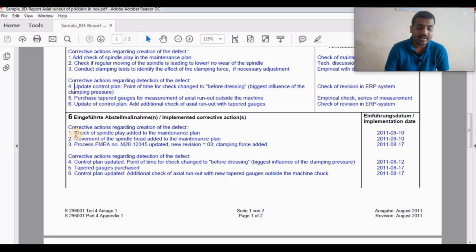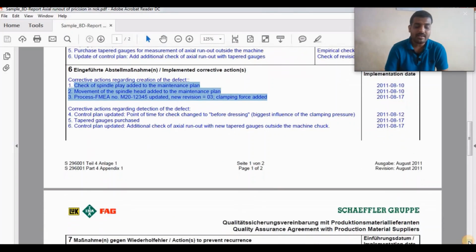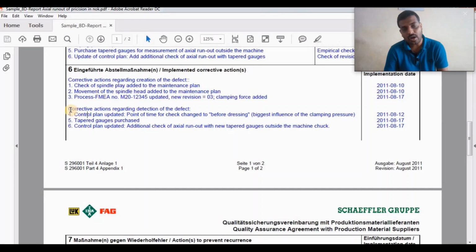For corrective actions regarding detection of defect they have updated the control plan. They have also updated the control plan in addition to the check of axial runout with a new tapered gauge outside the machine work. They have also mentioned the date on which the actions are completed.